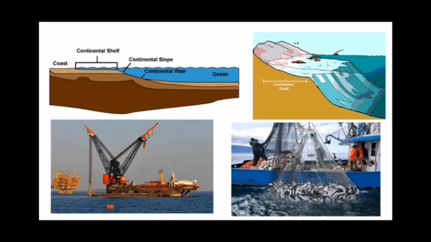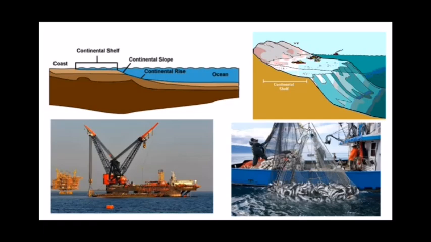The continental shelf is very important for humans. There is a lot of use of this continental shelf, because most of the fishing grounds, human beings do fishing, are mostly found in the continental shelves, because many fishes are found there.